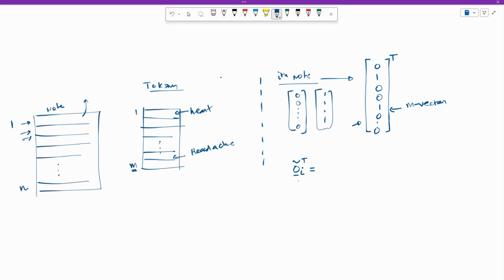This is the occurrence row for the ith row in this matrix, or the ith node in this vector of text. Now, if I stack all of these rows in a block column, like this, Õ_1 through Õ_n transpose, then what is the size of the matrix I get?